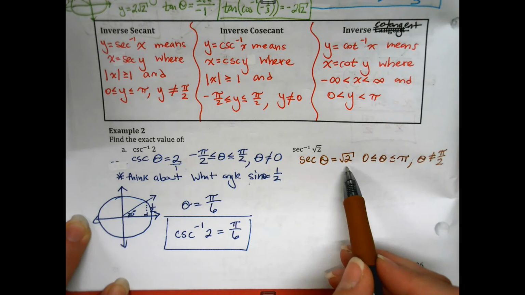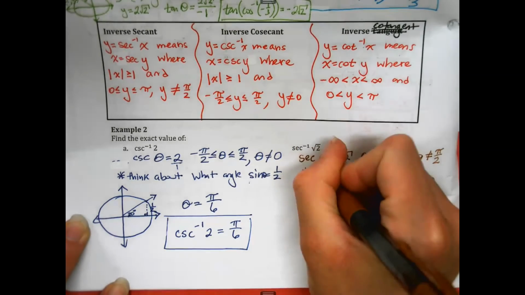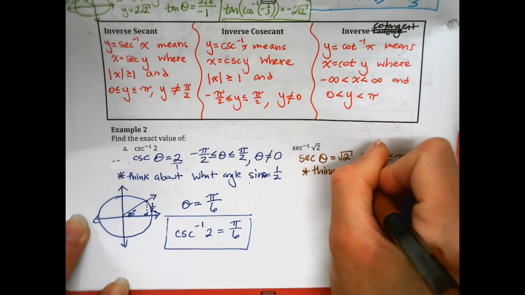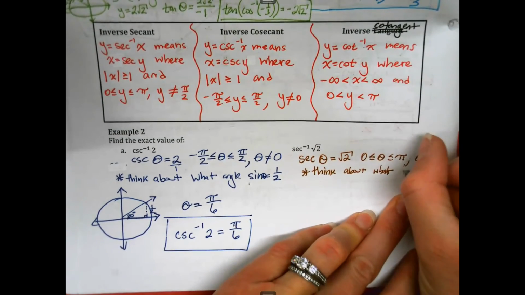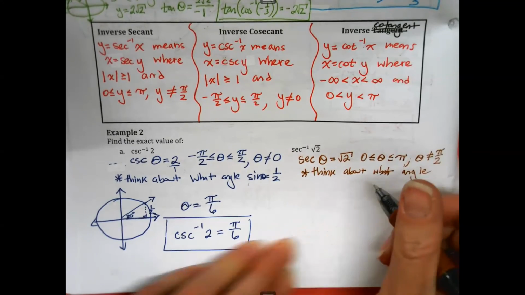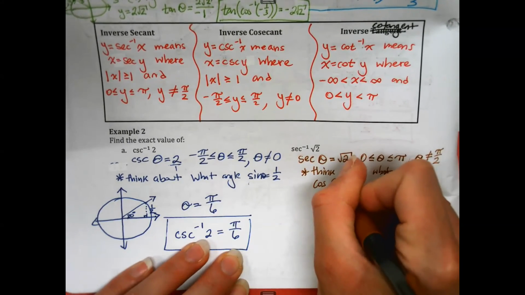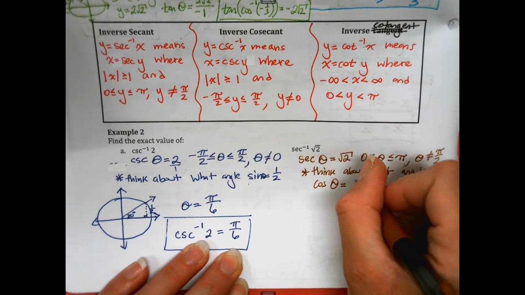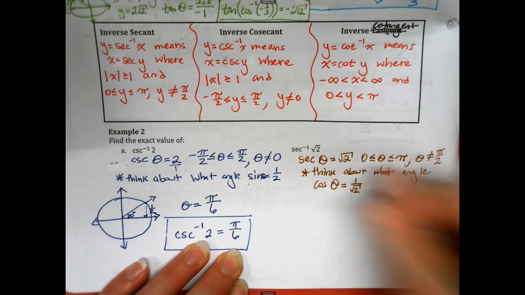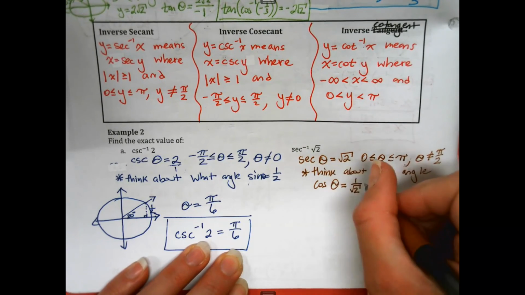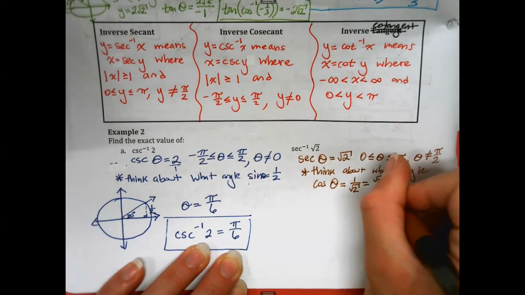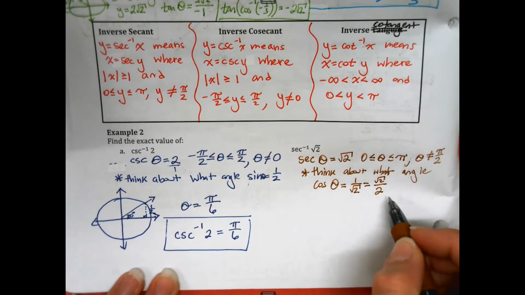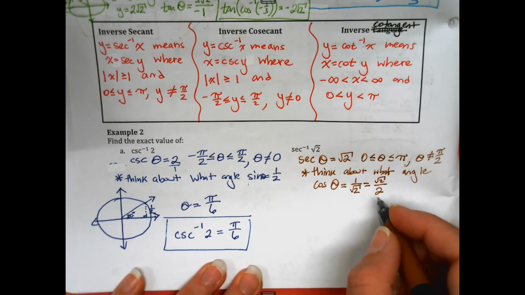And so we want to essentially think about what angle has the cosine of theta equal to 1 divided by the square root of 2, that reciprocal. And that reciprocal, if we were to rationalize it, is going to be the square root of 2 over 2. So we're looking for that angle that has a cosine of square root of 2 over 2.